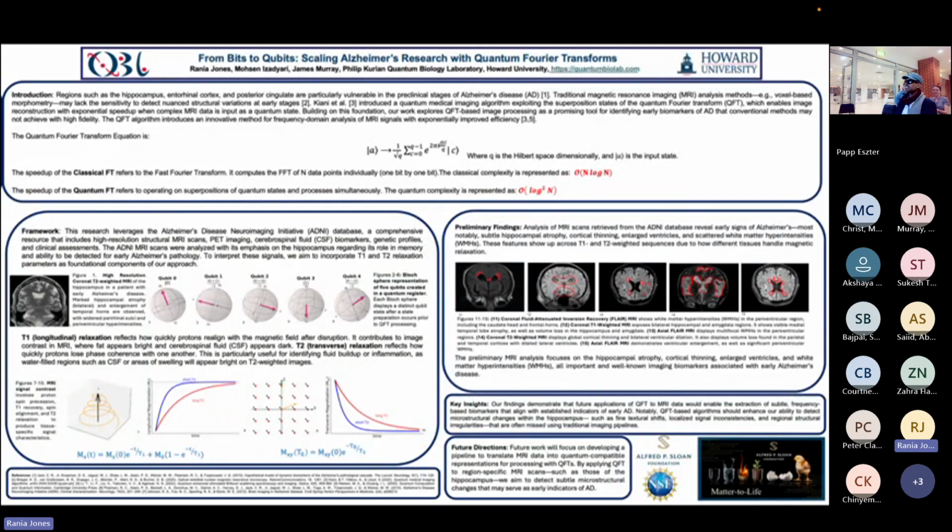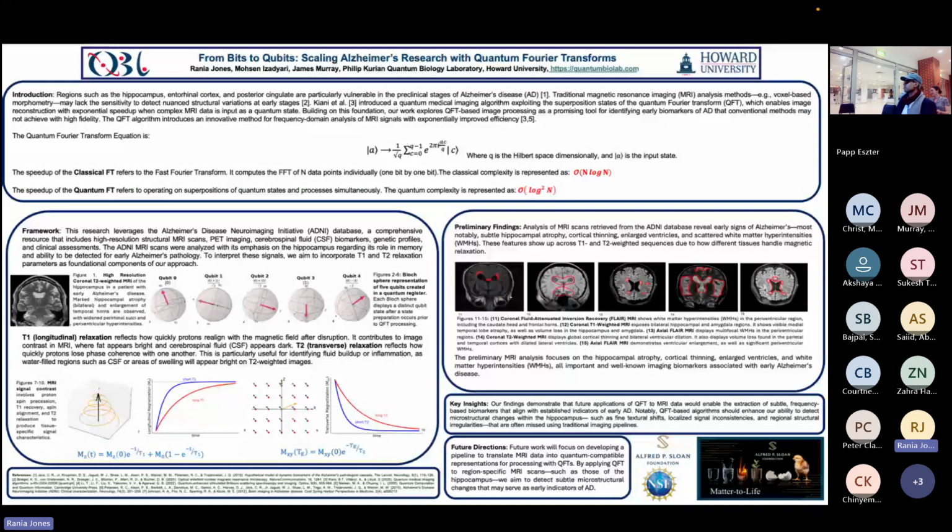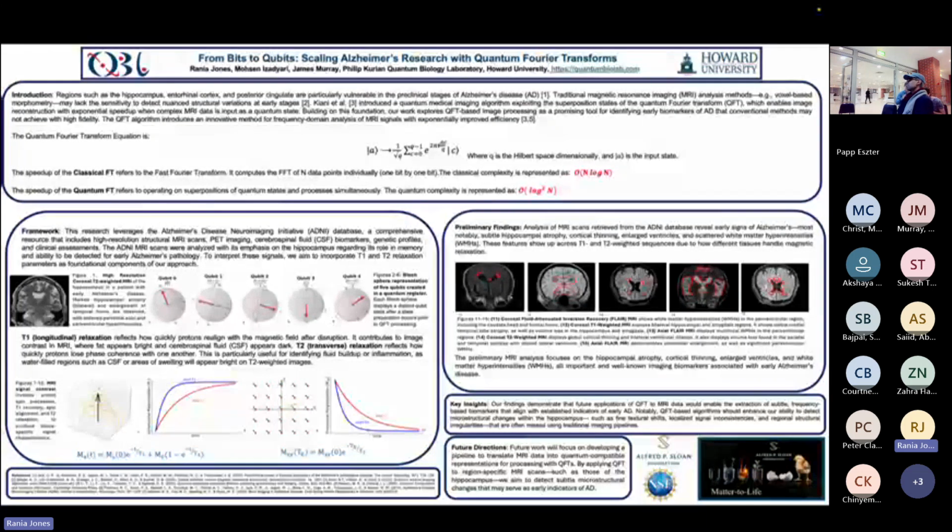A large part of my work is understanding the MRI data itself, how it's generated, the biological information it retains, and the imaging biomarkers that are important in their crucial relationship to Alzheimer's disease.